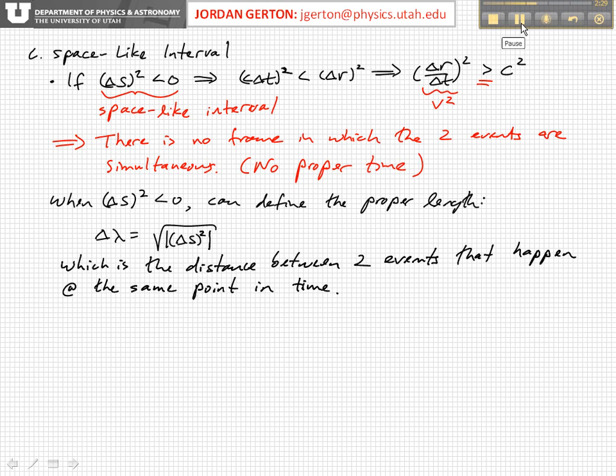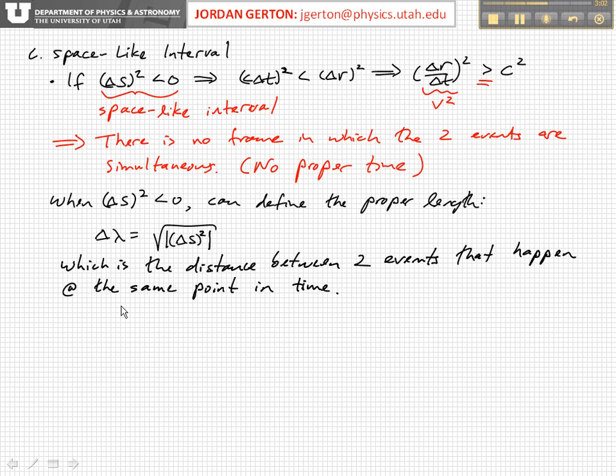Okay, so just like we define the proper time when delta S squared is greater than 0, and the proper time only makes sense when delta S squared is greater than 0, when delta S squared is less than 0, when it's negative, we can define the proper length, which is just, as shown here, the square root of the absolute value of the interval. And this is the distance between two events that happen at the same point in time.